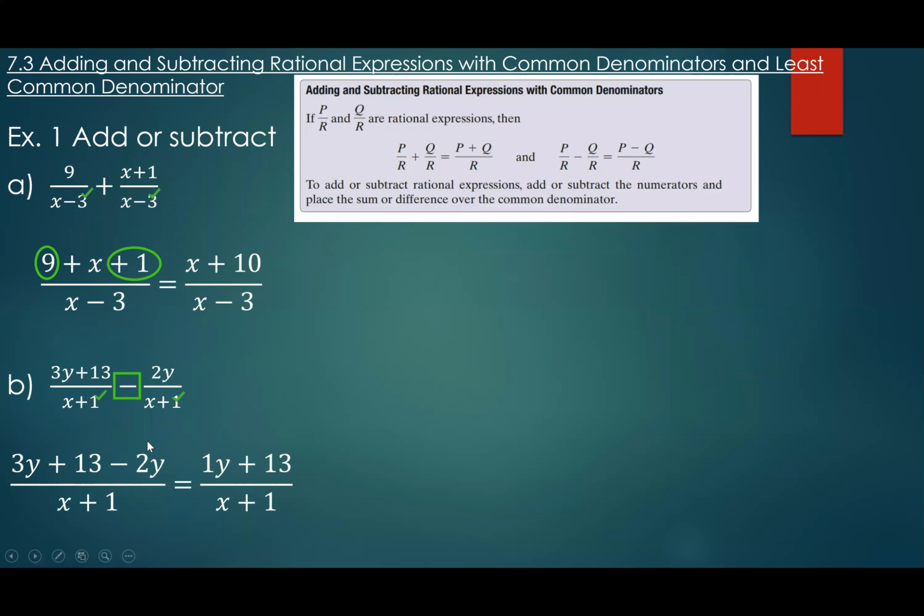Now I combine like terms. Since the denominator is the same, we don't really need to work with it. We take the numerator and combine like terms. 3y minus 2y leaves y by itself, plus 13. And there's nothing else we can simplify.